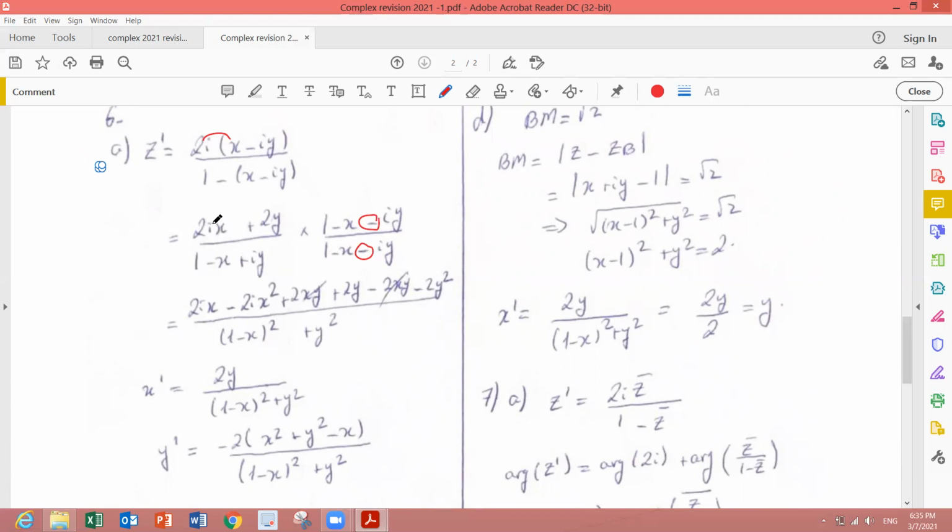We expand: 2ix times 1 is 2ix. 2ix times minus x is minus 2ix squared. 2ix times minus 2iy is plus 2xy. 2y times 1 is 2y, minus 2xy, minus 2iy squared. Missing here is i.